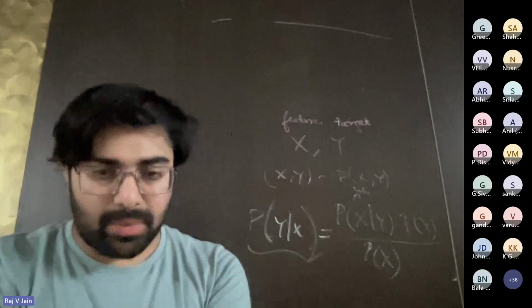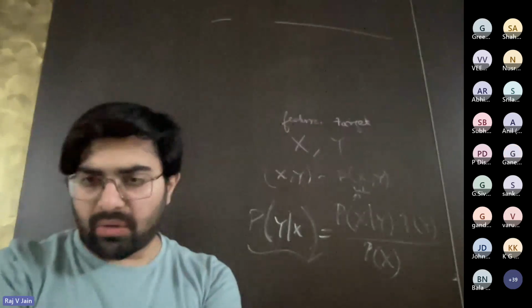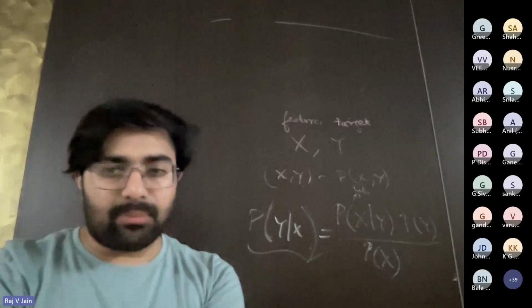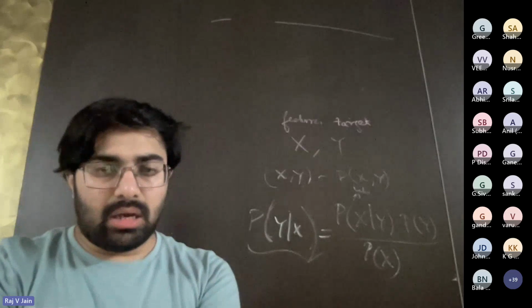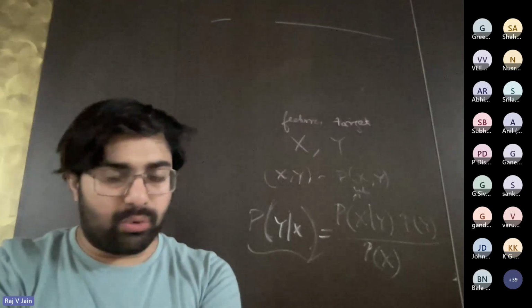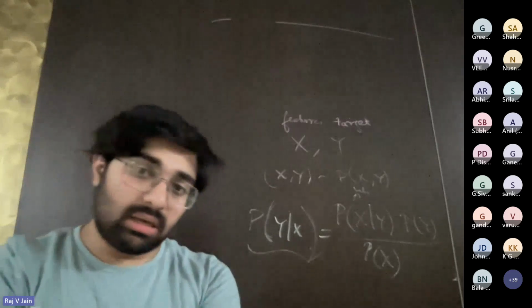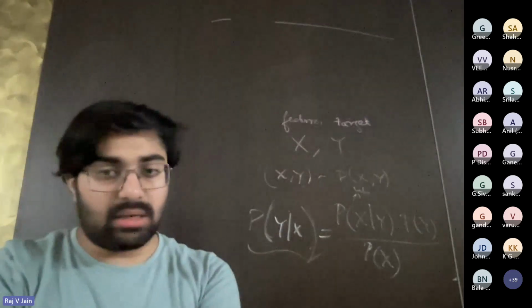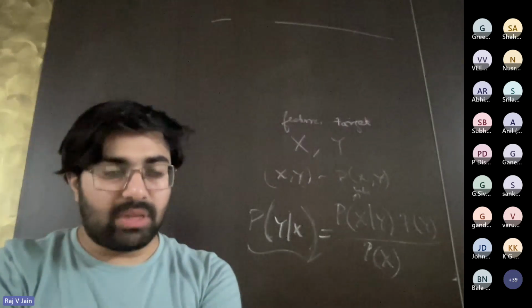So true. Given infinite computation power, you can always compute that. The issue lies in the P of X, because P of X is not an easy thing to compute. P of X means you need to look at all possible X, all possible Y, and take a marginal over this joint distribution. That's not an easy thing to do.